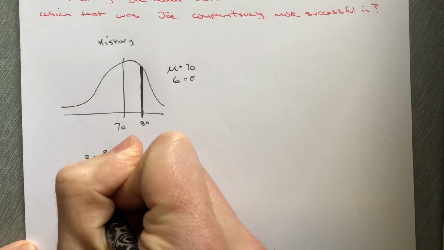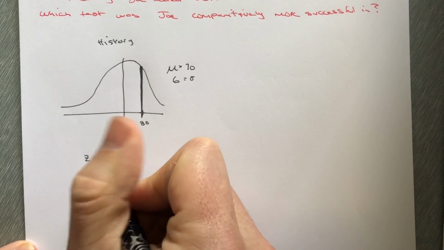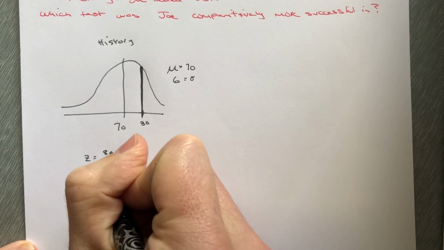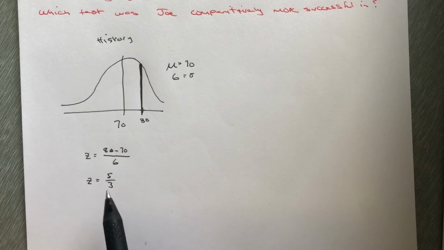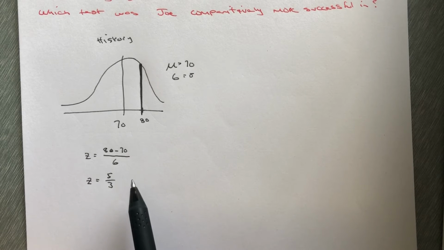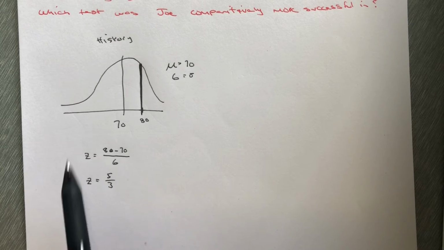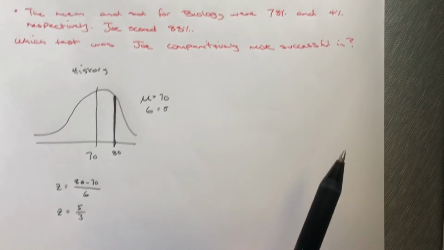So our Z is 10 divided by 6, so 5 on 3. That's telling us that Joe's result is 5 on 3 standard deviations above the mean. So that's how he went on history.